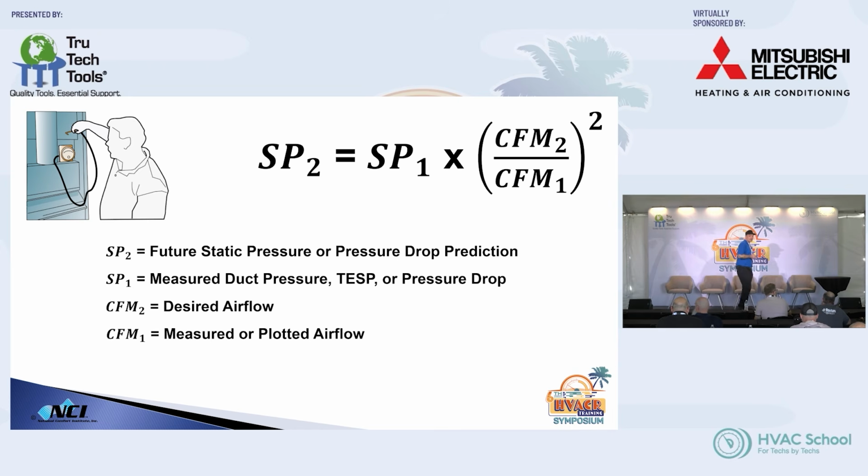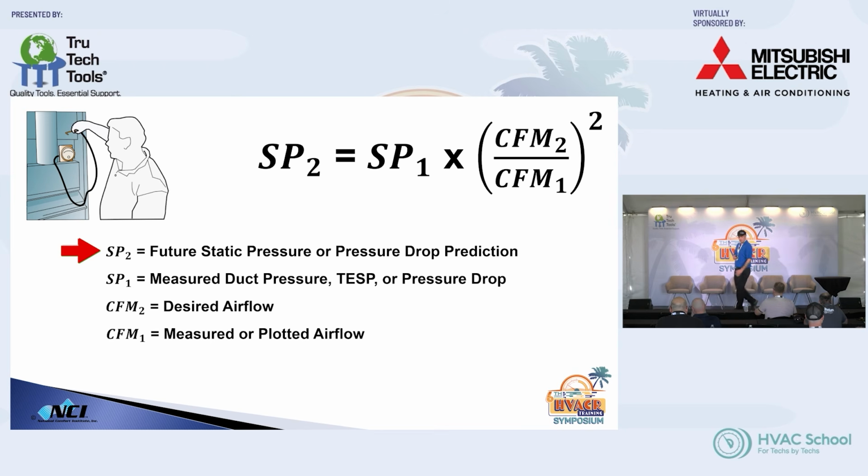So we have our SP2. That's the static pressure we're trying to solve for. The whole purpose of this formula is, if I know my static pressure and I know what my airflow is, I could figure out what my new static pressure is going to be at a different airflow, right?